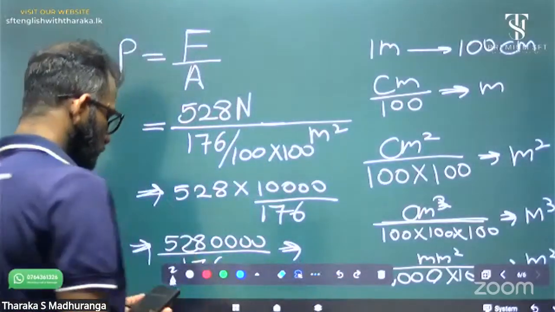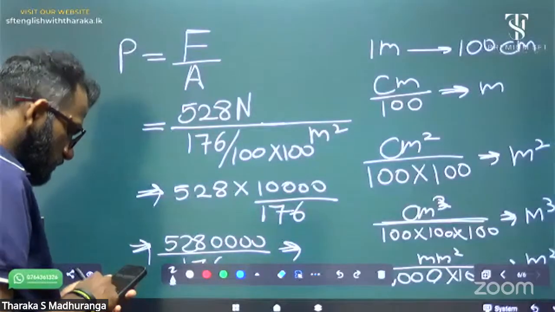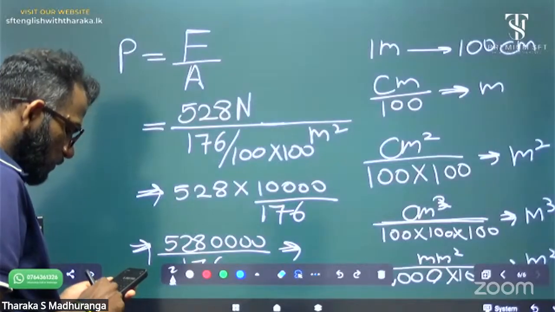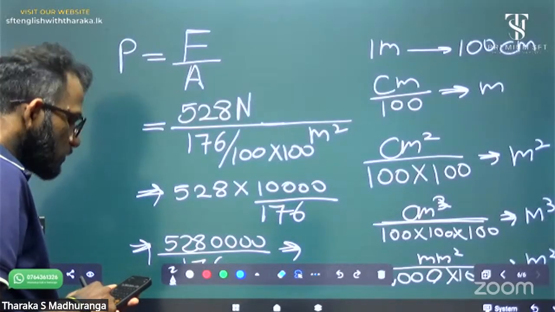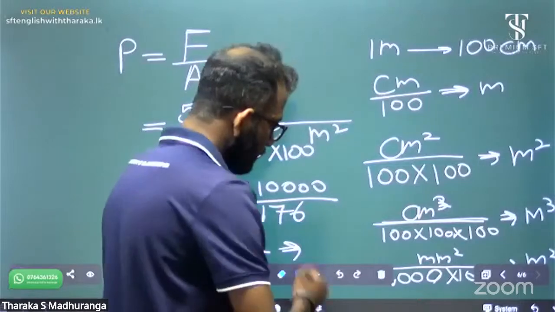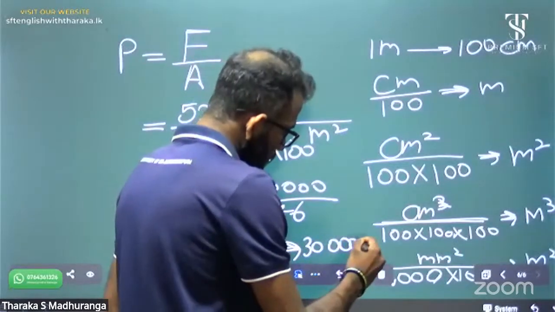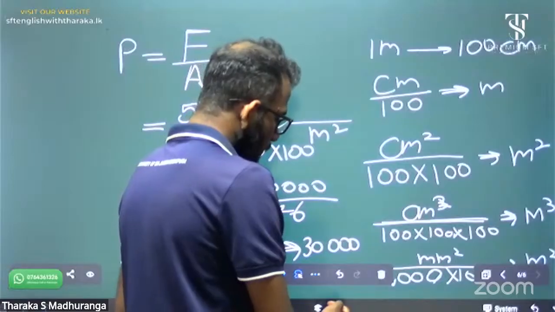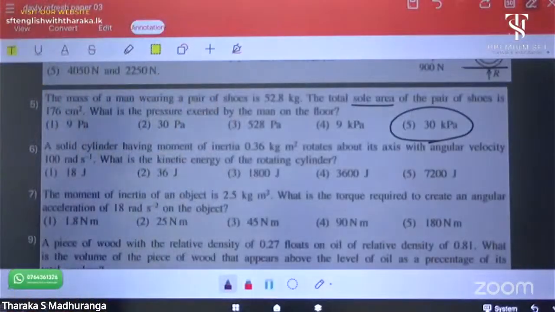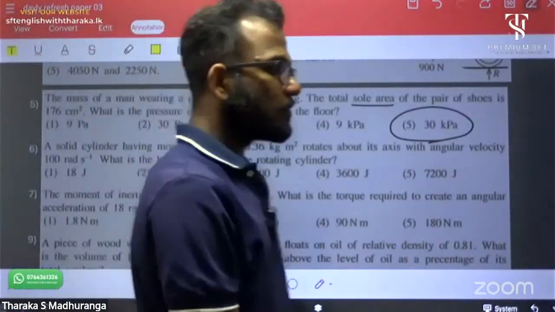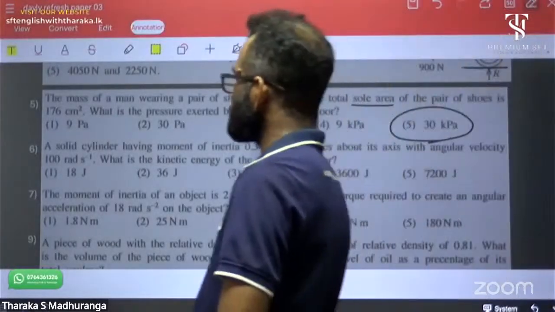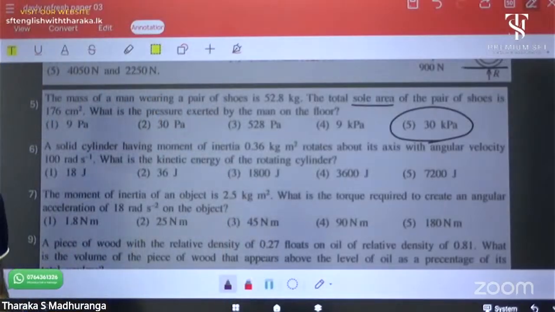It is 528, over 176. It is 30,000. 30,000 Pascal. Now the answers are given in kilopascal. So the answer is 30 kilopascal, the third answer. Okay, any doubt?